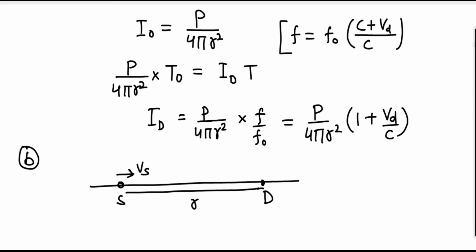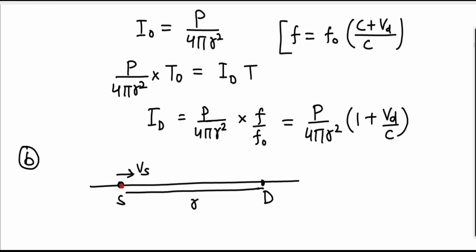But there is one thing also. When the sound reaches this point here at the detector, it was not actually released from this point here. Why is that? Because sound takes some time to travel from the source to the detector, and meanwhile the source has also moved its position.